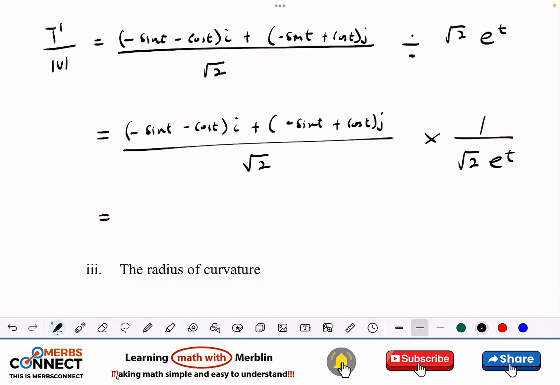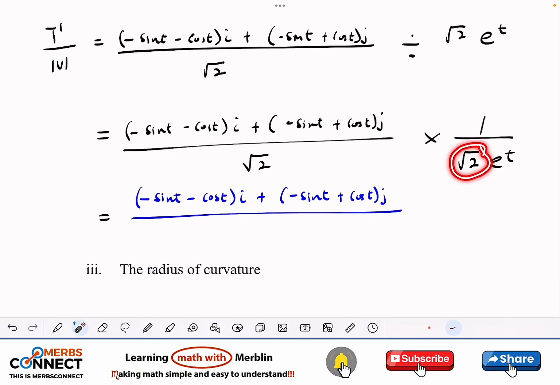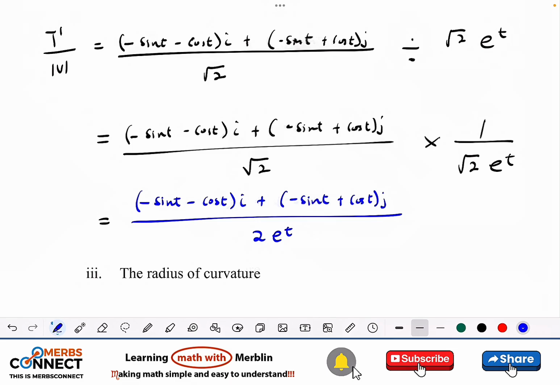So our final result here should be (minus sin t minus cos t) i plus (minus sin t plus cos t) j, all divided by, then square root of 2 times square root of 2 is 2. So I'm going to have 2e^t. Good.